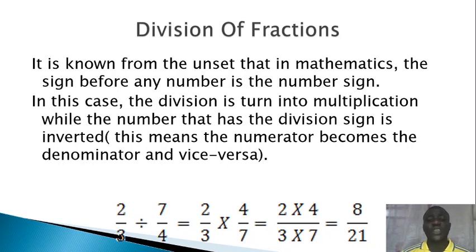And anytime you change the division sign into multiplication, the number that is carrying that sign will invert. You invert it by making the denominator become the numerator and the numerator become the denominator. And when you convert it into multiplication, you are still applying the multiplication rule.